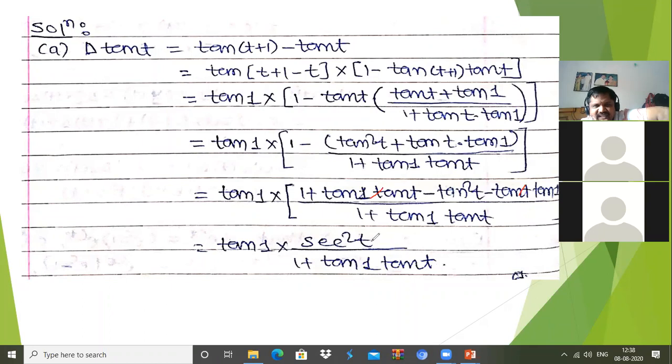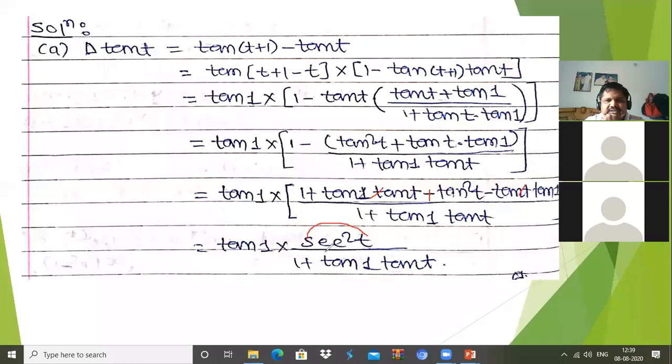What is the formula for sec square theta? The formula is 1 plus tan square theta, so it should be plus now. It should be 1 plus tan square theta. How do you get 1 plus tan square theta there? Somewhere it's missing here.